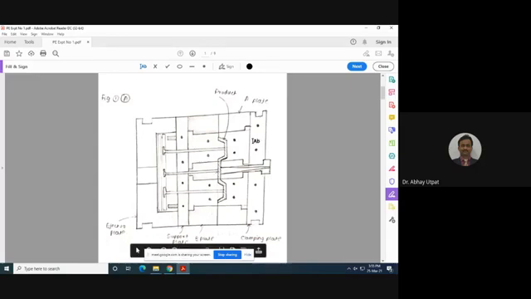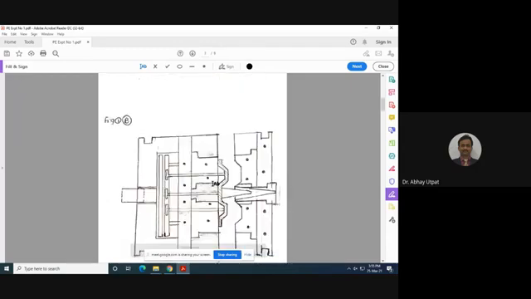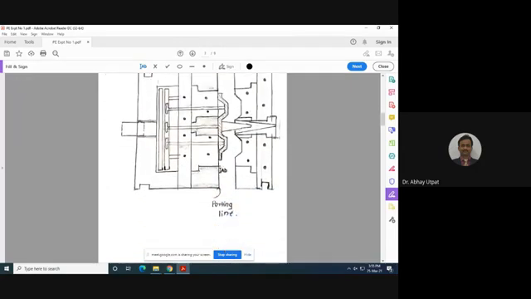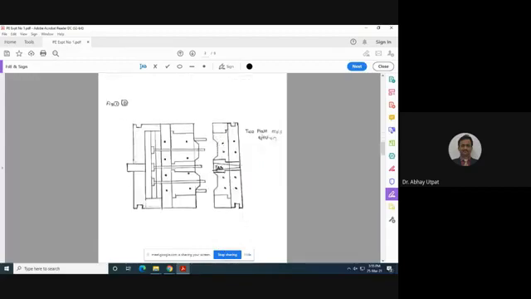Now it is solidified. After solidification, it is opened. The ejector pin pushes and the product falls down. So opening, closing. Remember the sequence. Closing of the mold, then injection, then cooling and solidification.